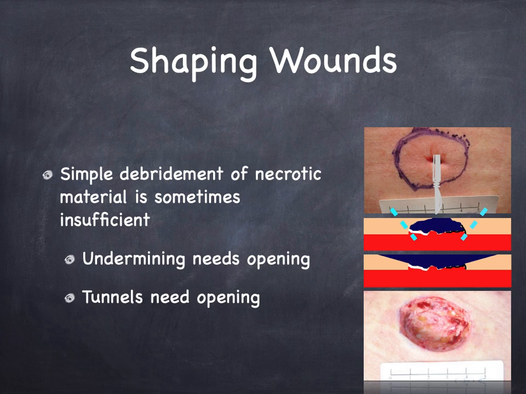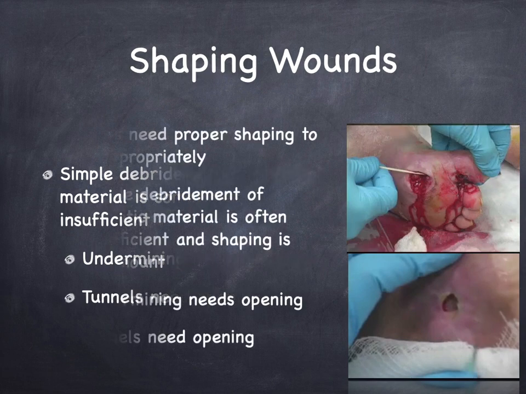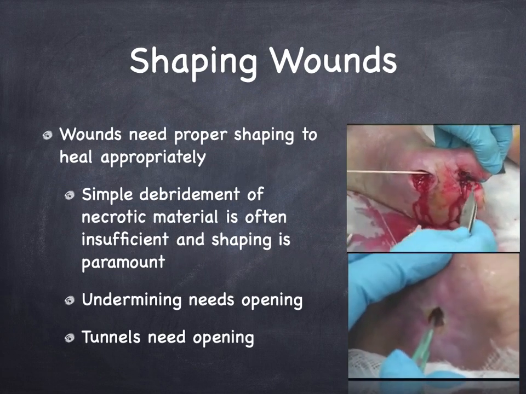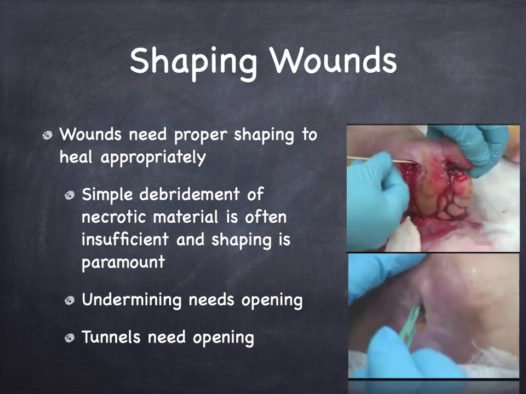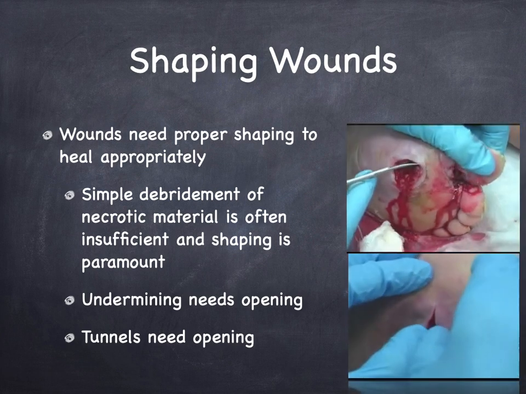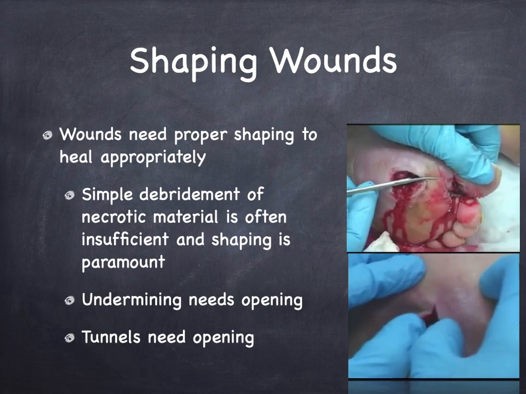This is an example of a patient who probably had an abscess that just didn't close, and you can see that the opening is small, but the base is big, and after several weeks, if it's not closing in, then it's probably in your best interest to go and open it up. And these are 2 examples of opening up a tunnel at the bottom of a foot, as well as unroofing some undermining.